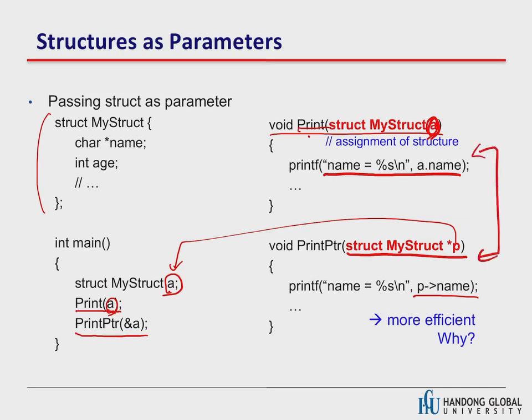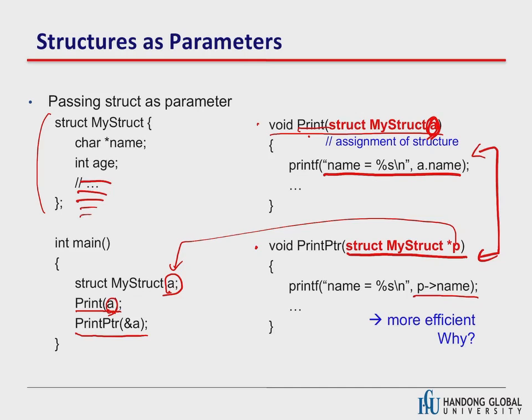So let's compare these two styles. Which one is better? Sometimes you might want to use the first style, but most of the time this one is better. It's more efficient. Why is that? Okay, think about this in memory. Let's assume that we have lots of data fields here.